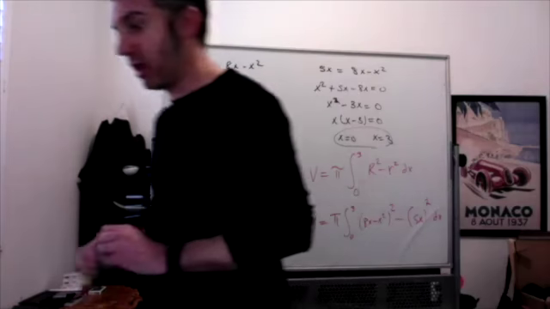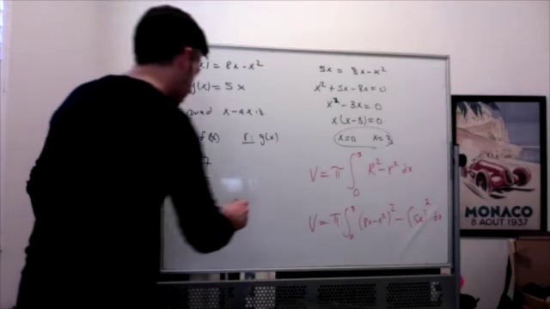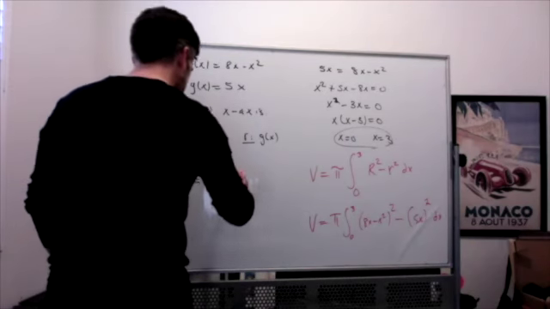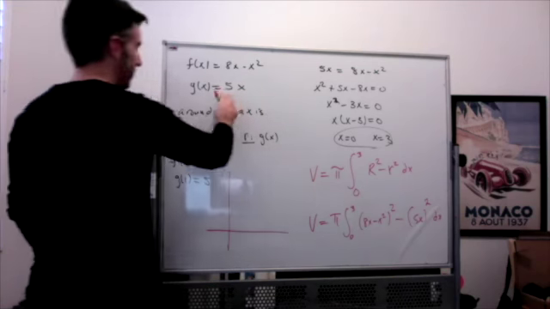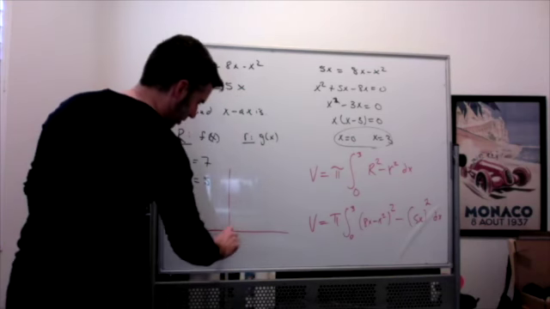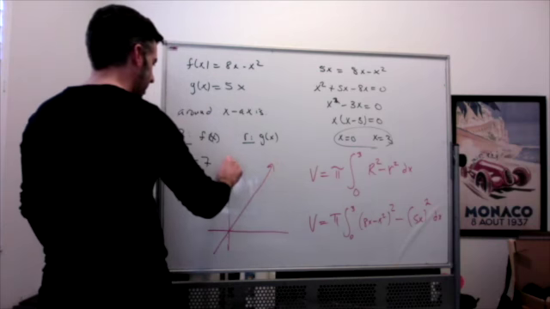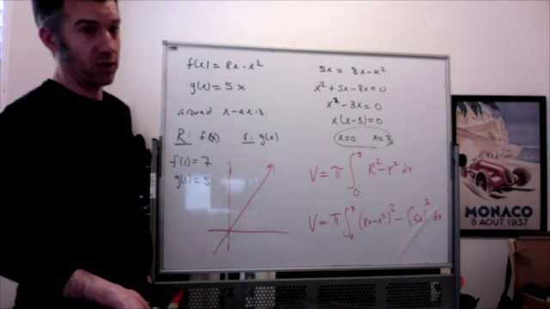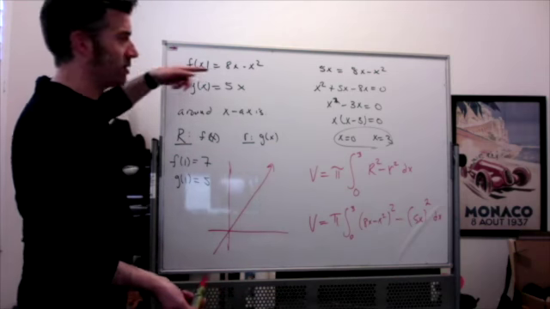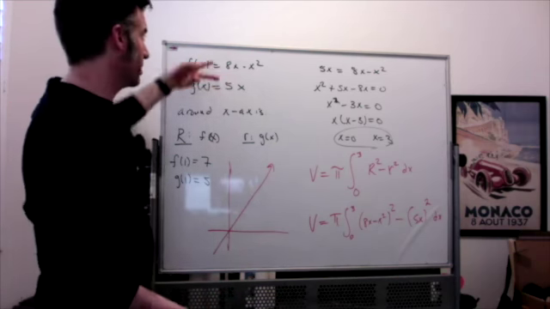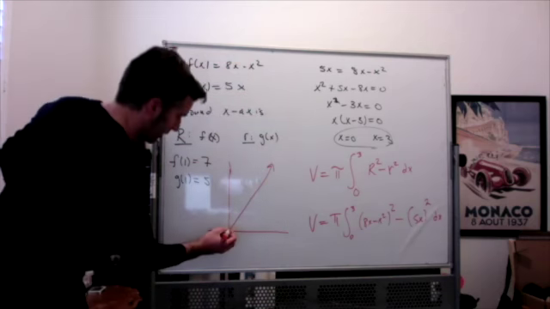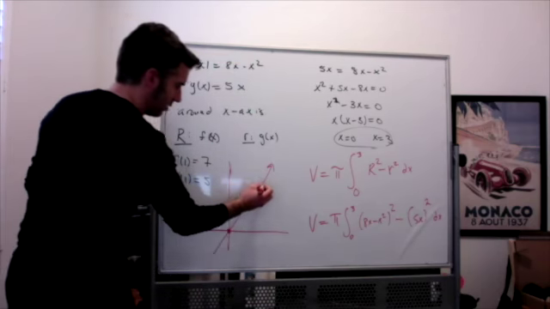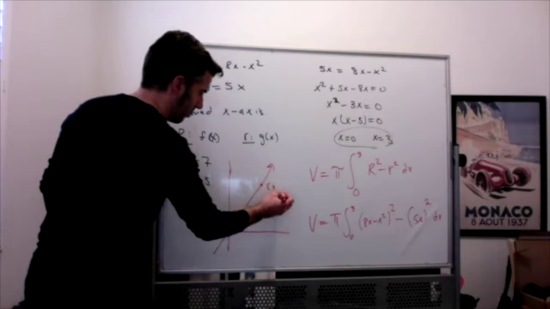The one thing I want to point out is that if you did graph this, y equals 5x looks like a line that goes to the origin, and 8x minus x squared is a downward opening parabola. It also goes to the origin. We know it goes to the origin because, one, you can plug in 0 and get 0, and two, you know that these intersect when x is 0. They also intersect over here at 3, comma, whatever.